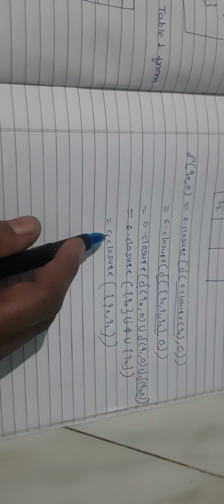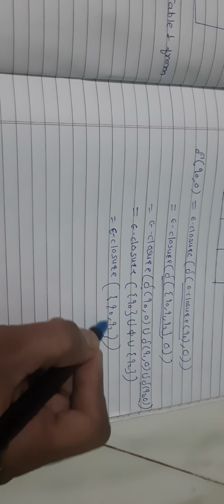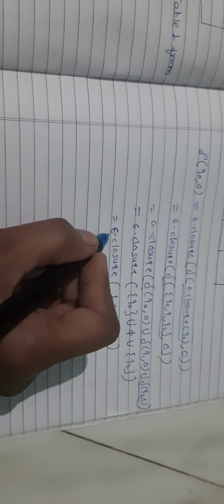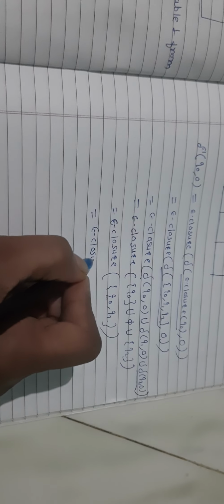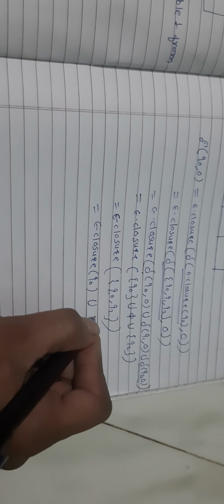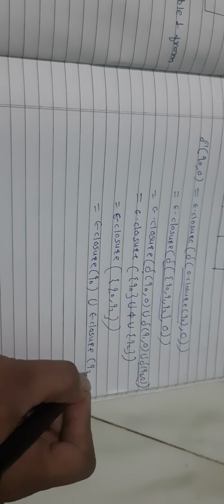And again solve this one. Take the epsilon closure of all members. Here two members are there, Q0 and Q2. Epsilon closure of Q0 union epsilon closure of Q2.